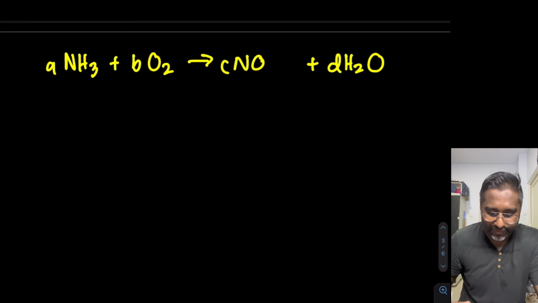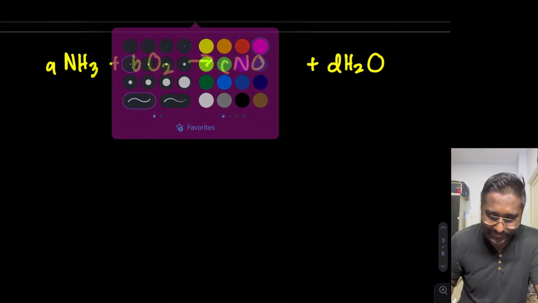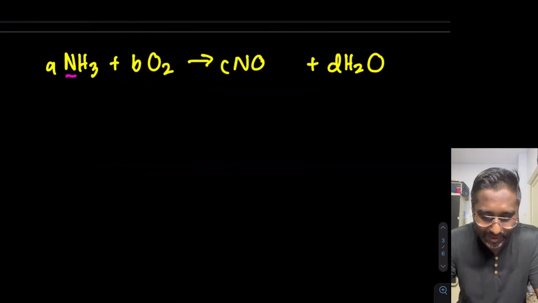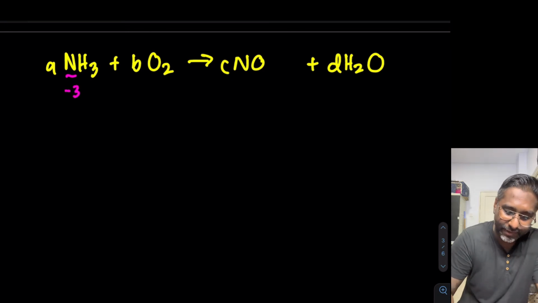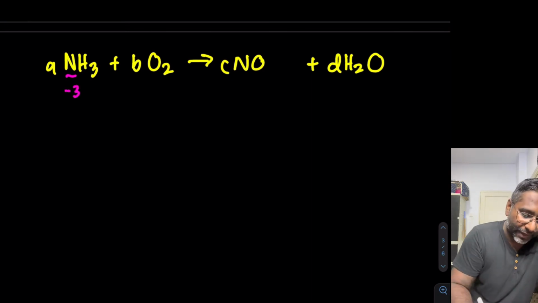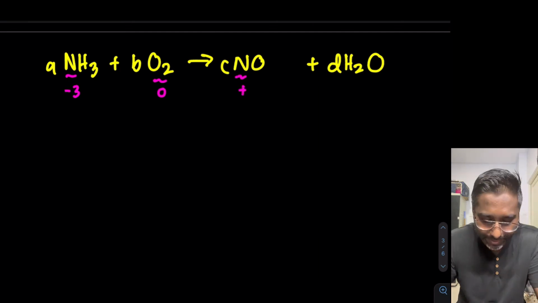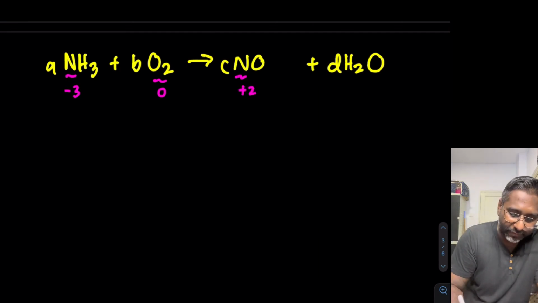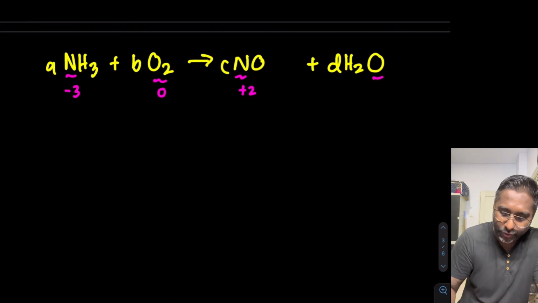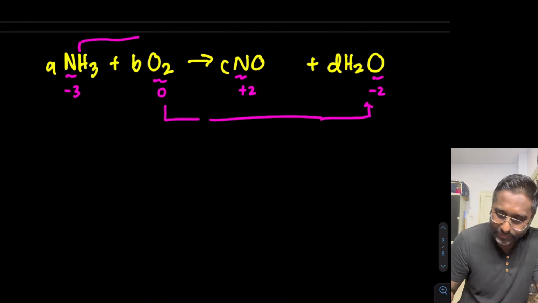So let's actually look at another example. Okay, let's try, quickly. This one is going to be oxidation number. If you calculate, this is going to be -3, and this is going to be 0. This is going to be +2, and for oxygen, it is always going to be -2.